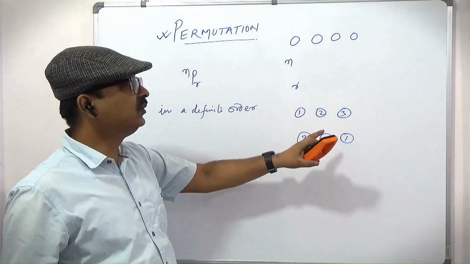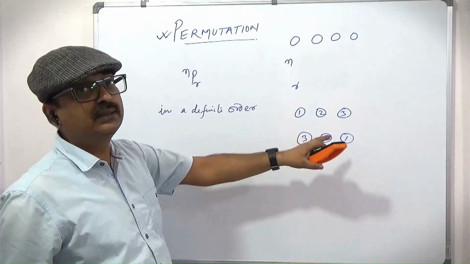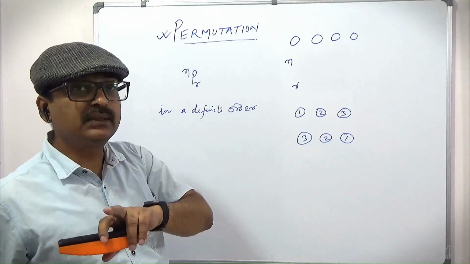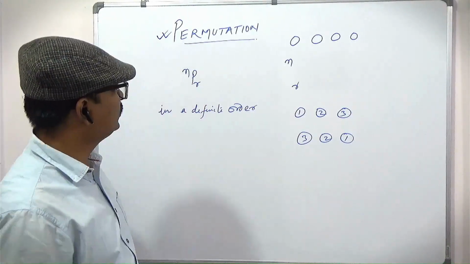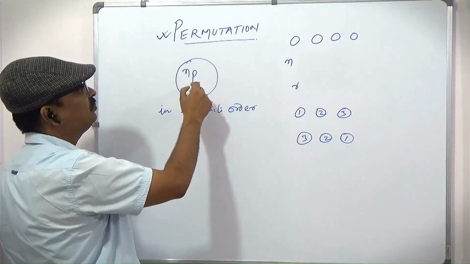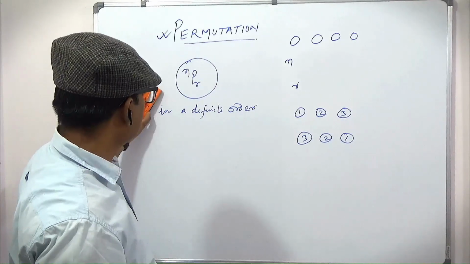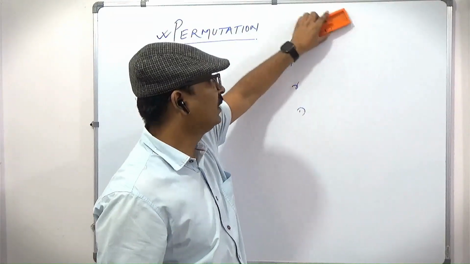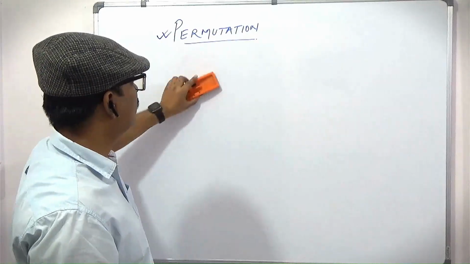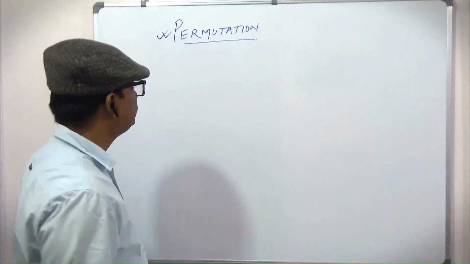And when order is not important, order is immaterial, that is called combination. We will study combination after permutation. For the time being, just focus on this nPr, that is permutation of n number of objects taken r at a time. What will be the formula for finding permutation?